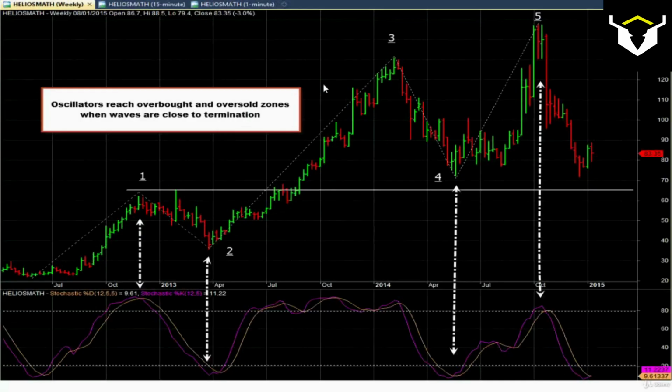Following is a chart, a weekly chart of Helios Mattel, and you can see the script has unfolded itself into a 5-wave non-overlapping wave structure spanning a period of July 2013 to current 2015.